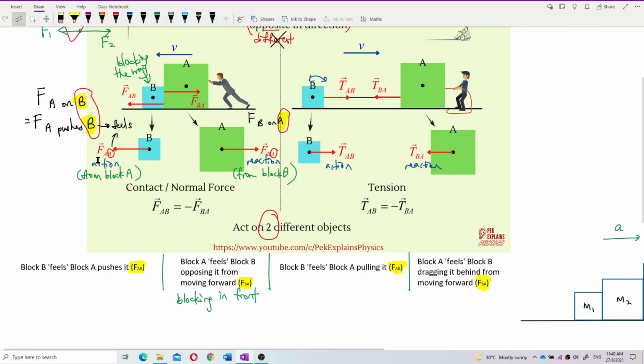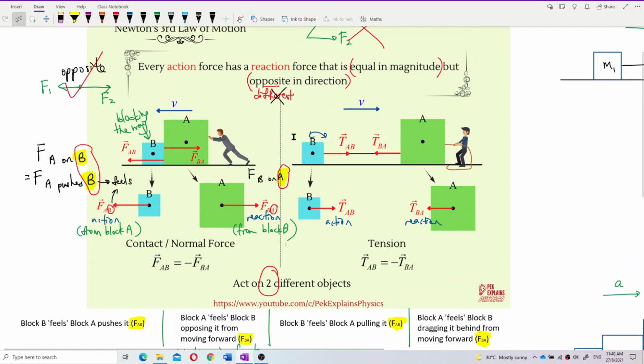Understand? So this action and reaction force, they are equal in magnitude. You can see here block B is a smaller mass, a smaller object, but block A is a bigger object. Do we say that the bigger object pushes the smaller object with a much bigger force?